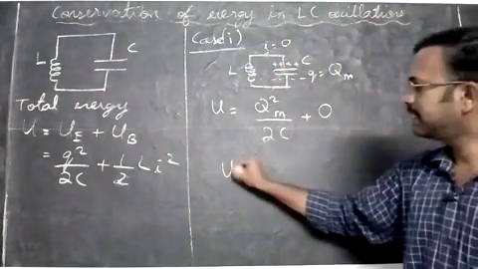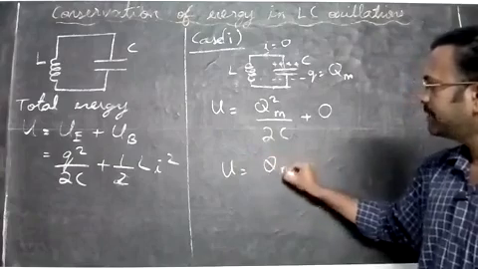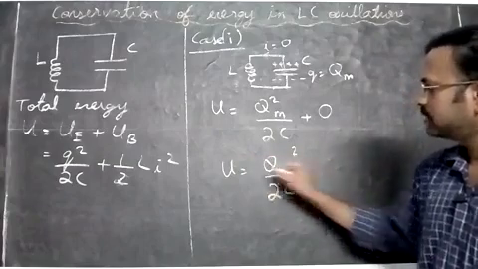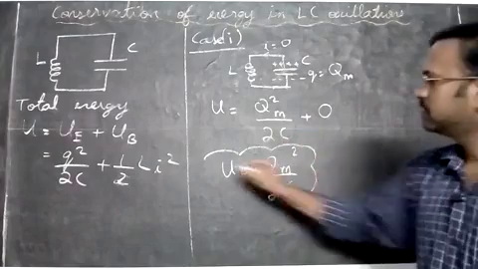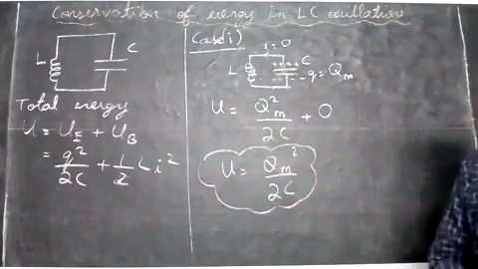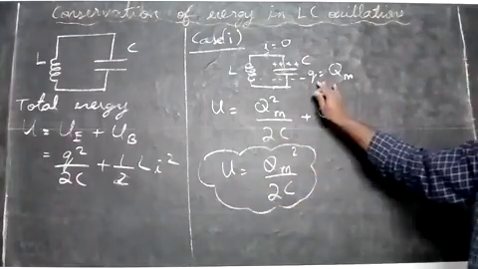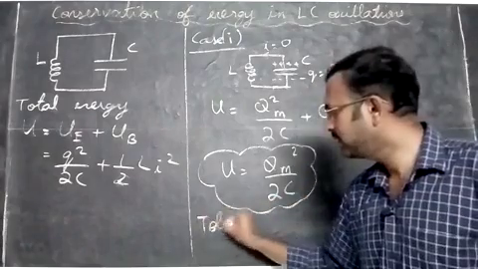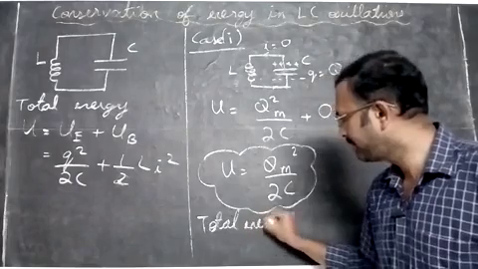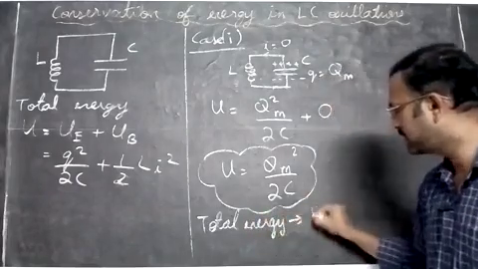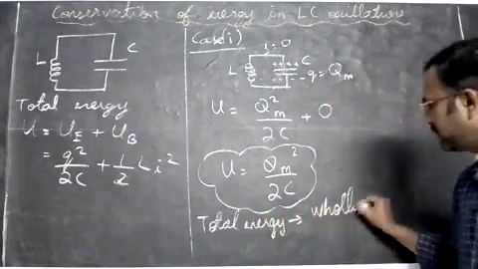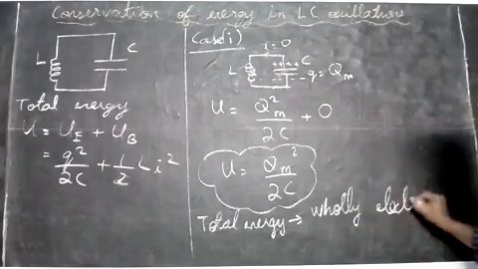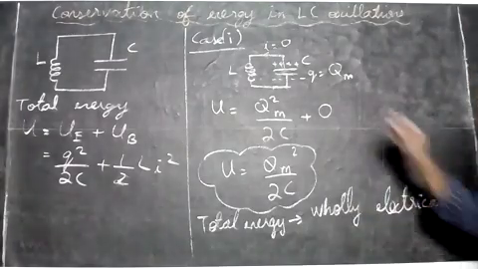So the energy is equal to QM square divided by 2C. The energy stored in this case is wholly electrical energy, all stored in the form of electrostatic energy.